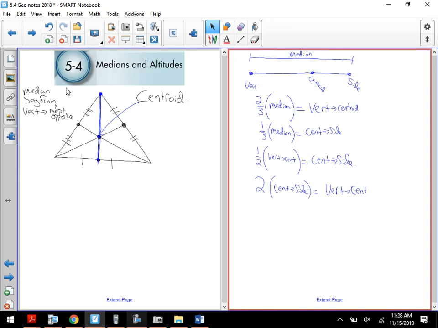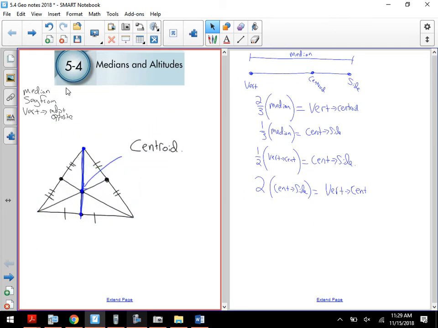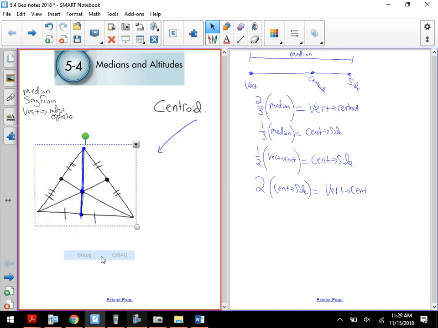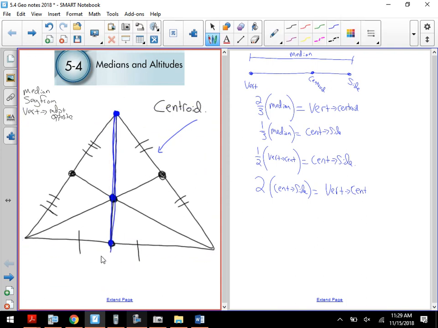For example, if I go back to the picture here, and let's maybe just blow this one up a little bit. And I say that this much is 12. How much is that? 6.